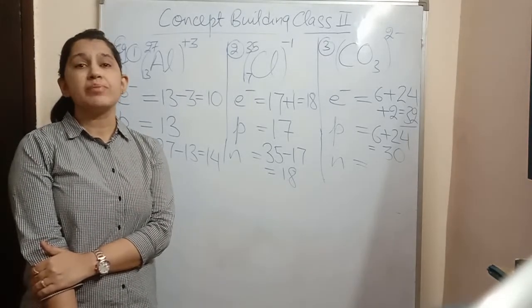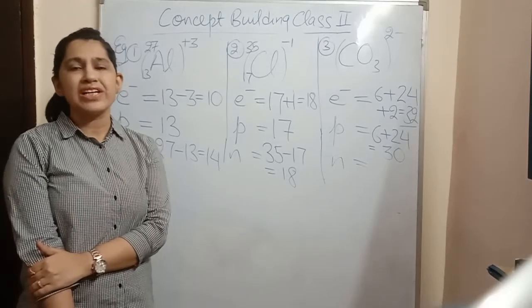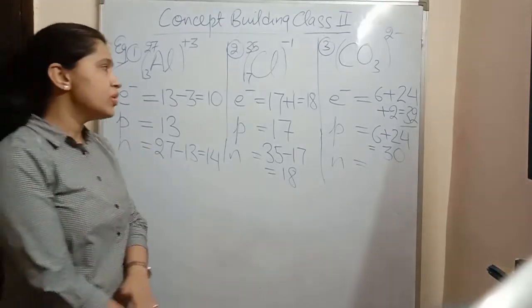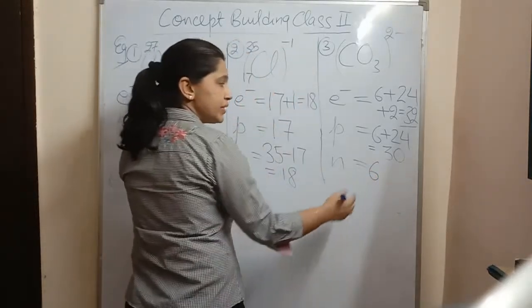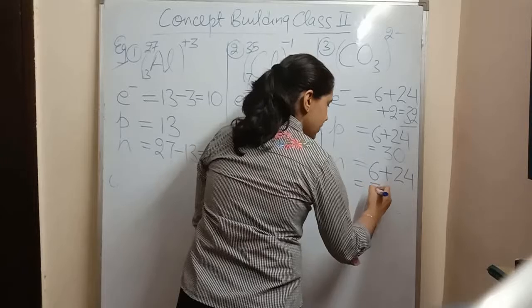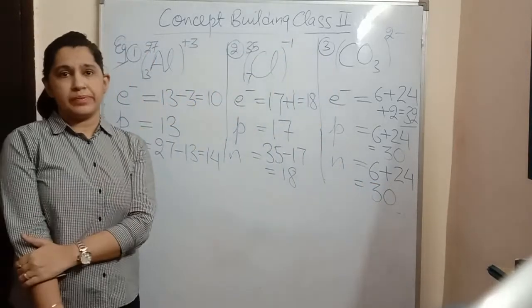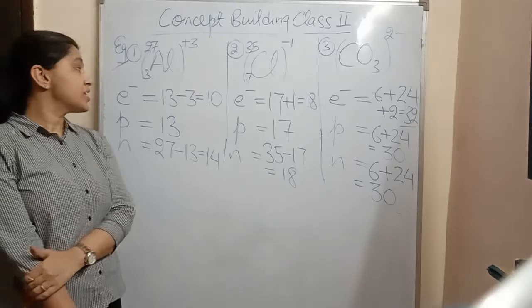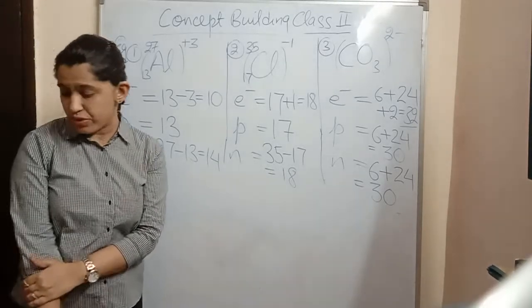Oxygen mass number 16, atomic number 8. 16 minus 8 is again 8. So it is 6 with respect to the carbon and 24 with respect to the oxygen. So total becomes 30. Have you understood it? What we did is how to calculate electrons, protons and neutrons.